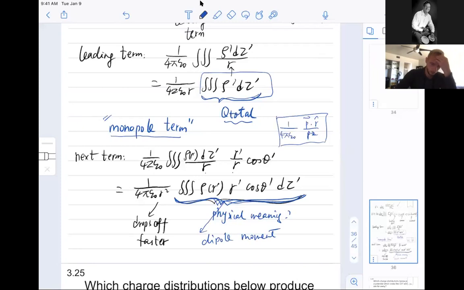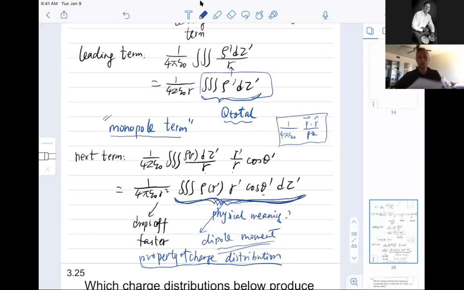It might be looking a little bit more familiar now, and you can look at the physical meaning of that a little bit better. The dipole moment gives you some idea of the charge distribution. It's a property of a charge distribution. It does not depend on r. It does not depend on where you are evaluating your field, but it does depend on the angle between your charges and your field point, so this angle is between r prime and r. So the dipole moment is regarding the charges.